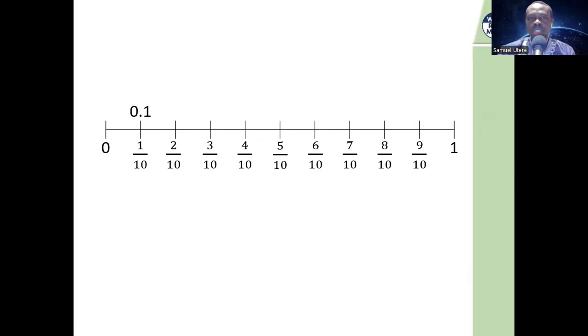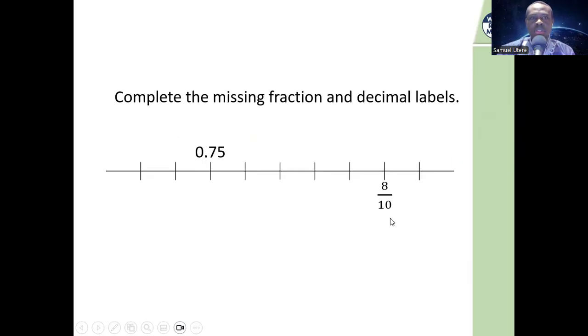Next, we can put the decimal equivalence on top of the number line. So the equivalent values of these fractions are these decimals on top of the number line. What about this one? Example 2. If you were asked to complete the missing fraction and decimal labels, how would you do this?